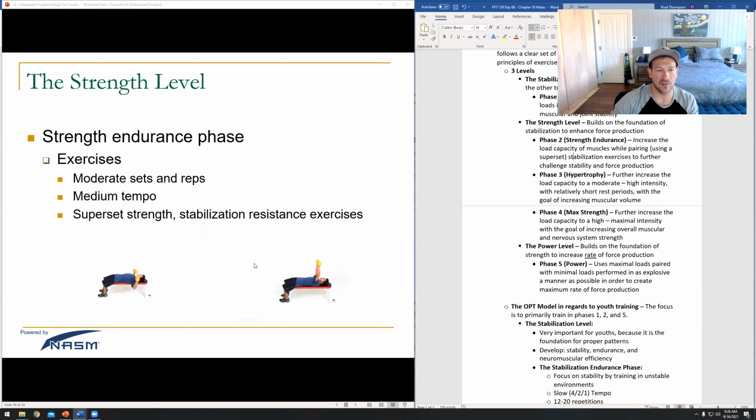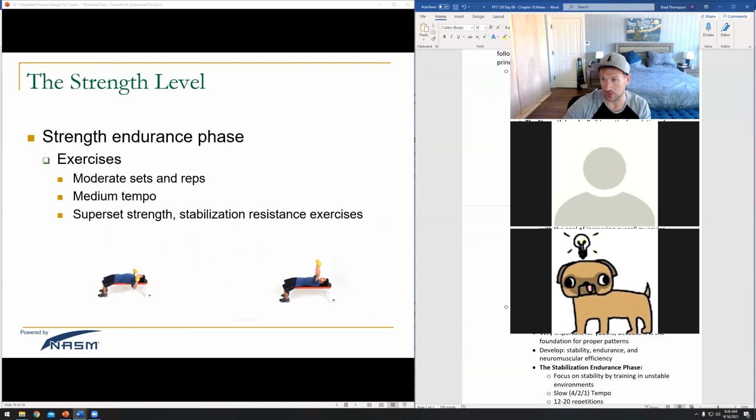So strength endurance is going to be a moderate number of sets and a moderate number of reps at a medium tempo, and you are going to superset a strength movement with a stabilization movement for the same body part or of similar biomechanic nature. Now, that doesn't mean that supersets always have to be for the same body part.